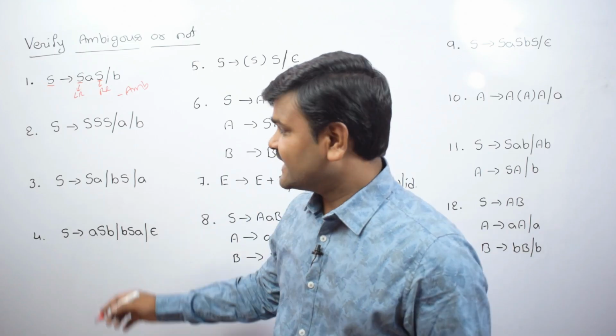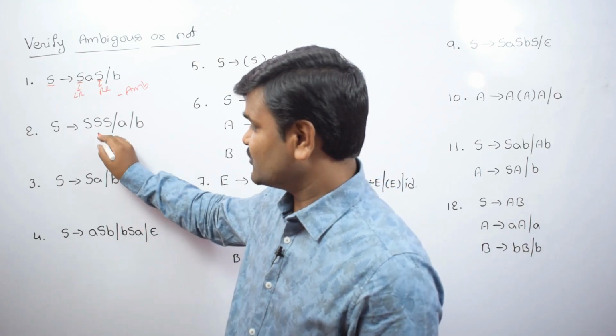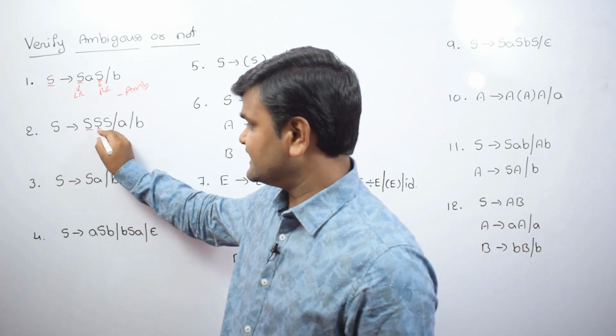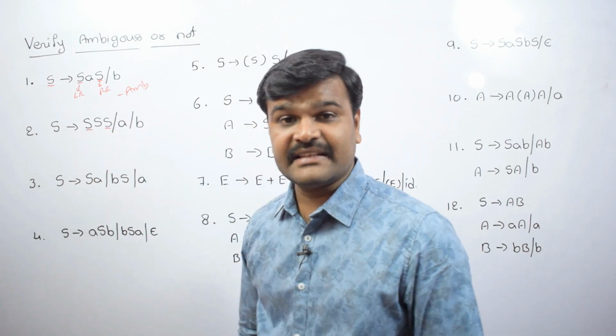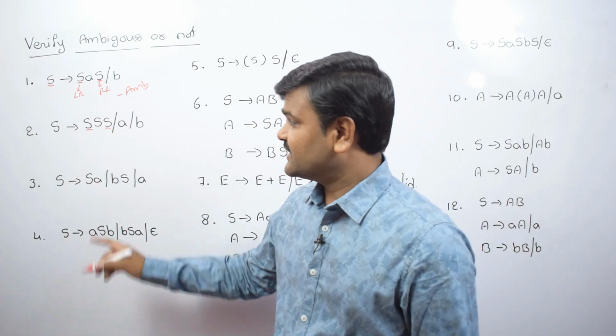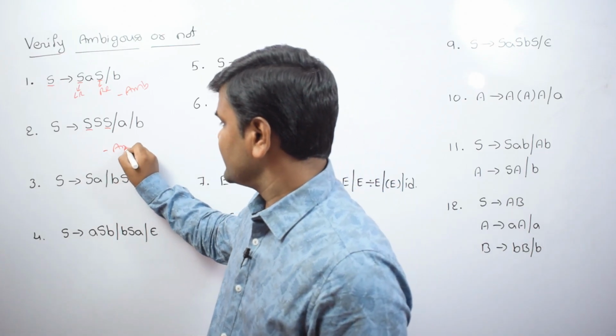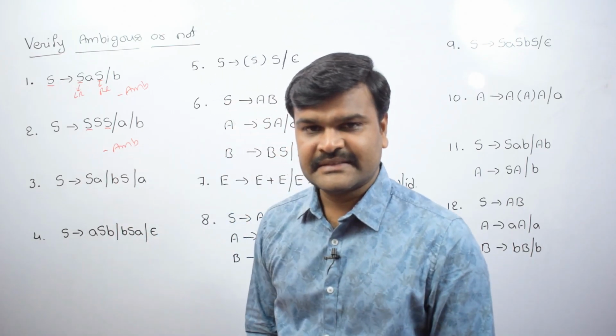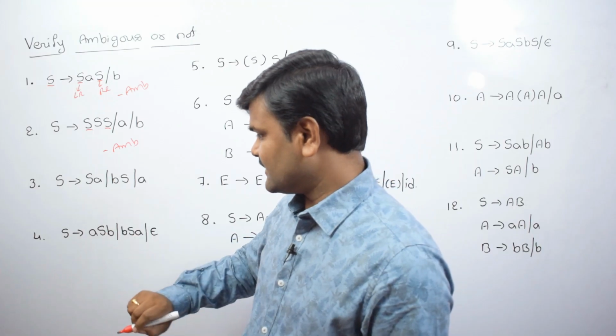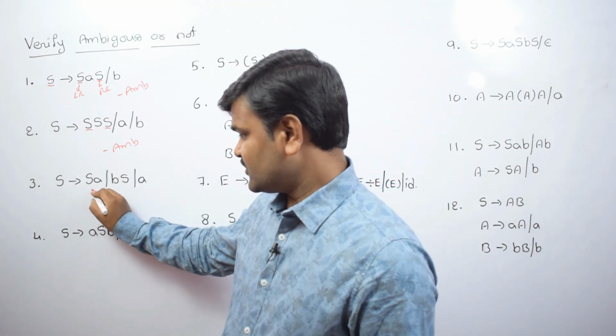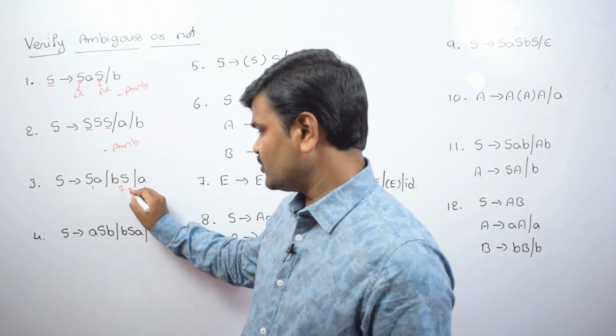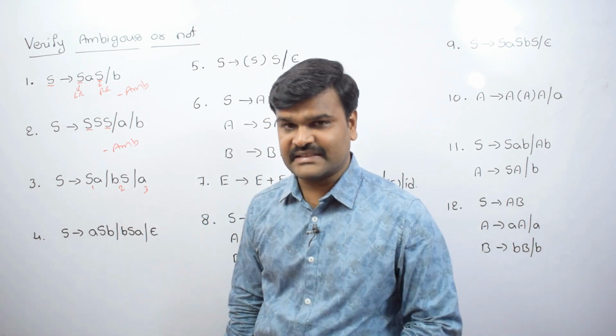Let us see the next example. Here also left recursion is there directly, and right recursion is there in the same production actually. So this also will become ambiguous grammar. Now the next example. Here there are 3 productions in total.